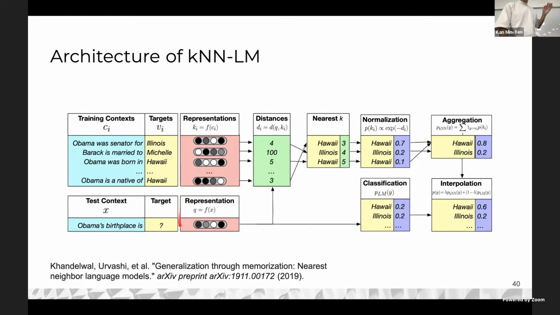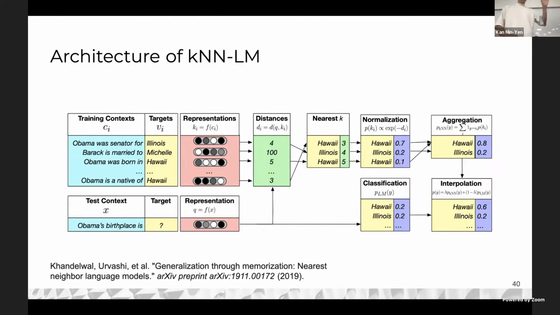Based on this representation, they do the classification to calculate the probability distribution over the entire vocabulary. Here we can see the token Hawaii and another token Illinois have very similar scores, so that we can hardly distinguish these 2 candidates.